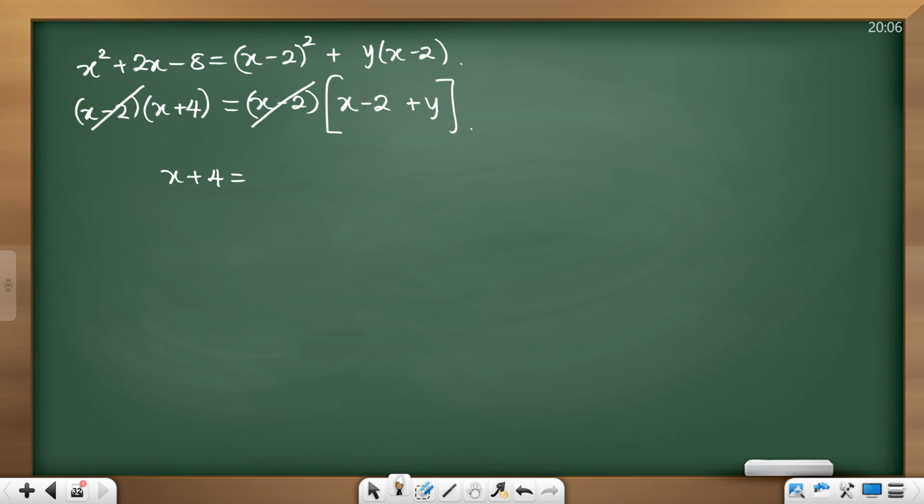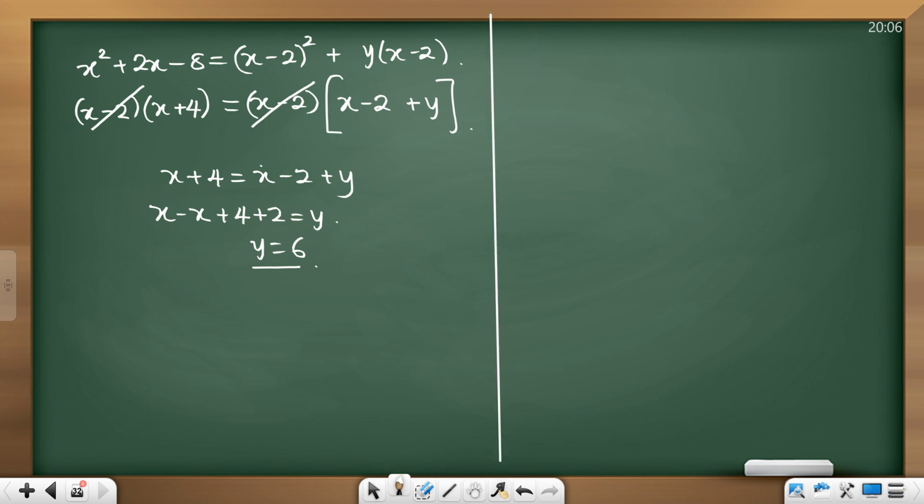X plus 4 equals x minus 2 plus y. Everything here. X minus x plus 4 plus 2. Enjoy algebra. You can expand if you want to expand, but this one is quite interesting and quite nice.